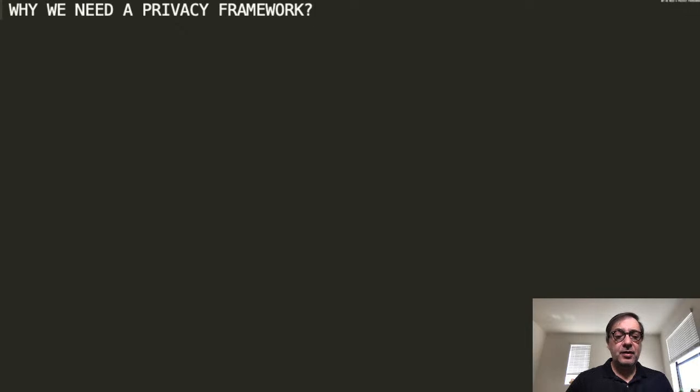So as you can see, this is a very complex environment, and I like to say we are trying to fix things while the train is running. And the train is running very fast, I can tell you. We are still dealing with some philosophical questions about what privacy is at all, and it may mean different things for different people or different organizations.